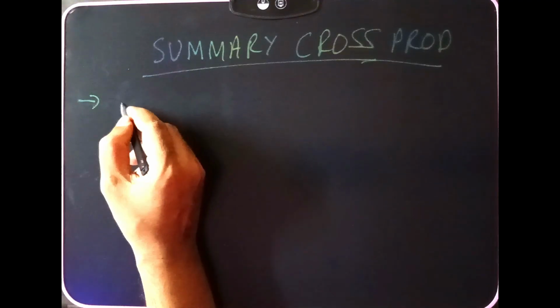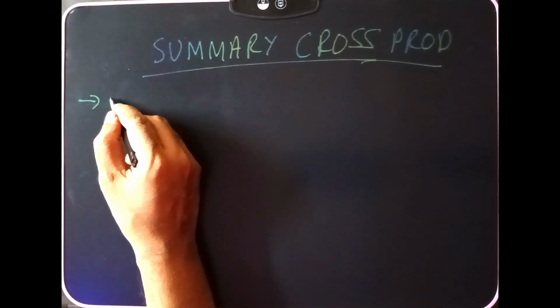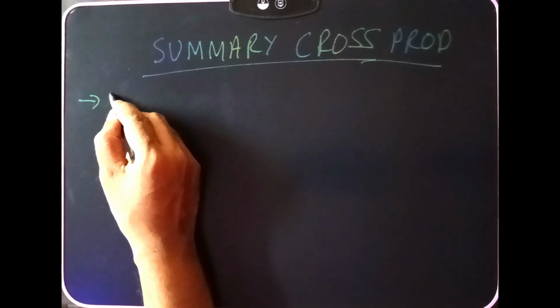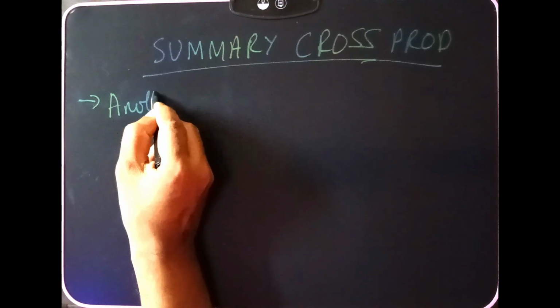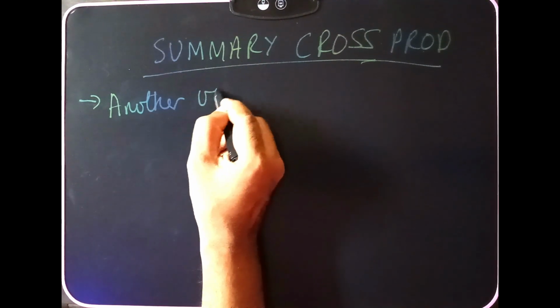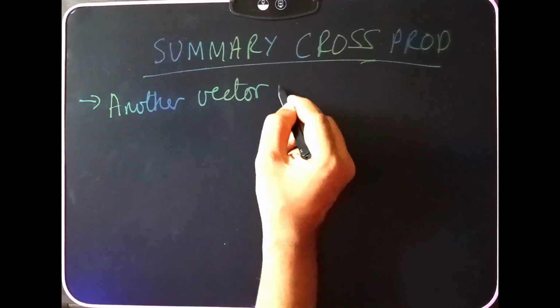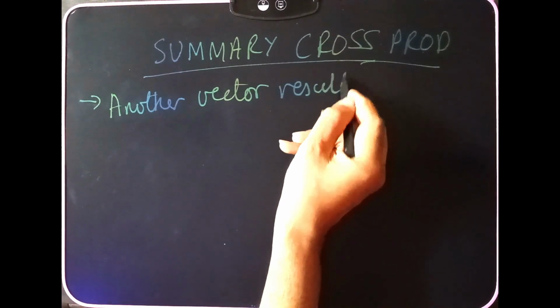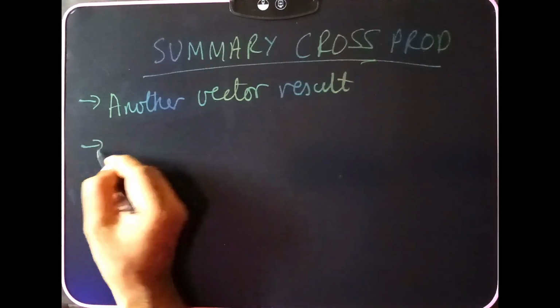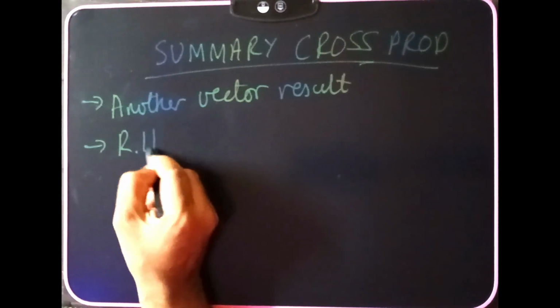When you do a cross product of two vectors, you will get another vector as the result, and the direction of that vector is given by the right hand thumb rule.